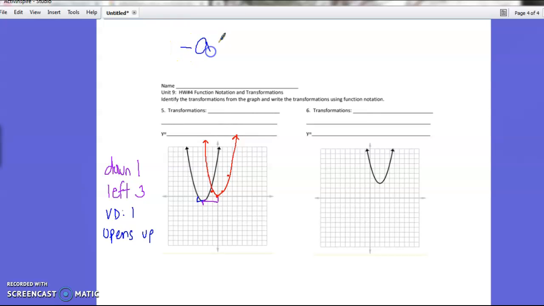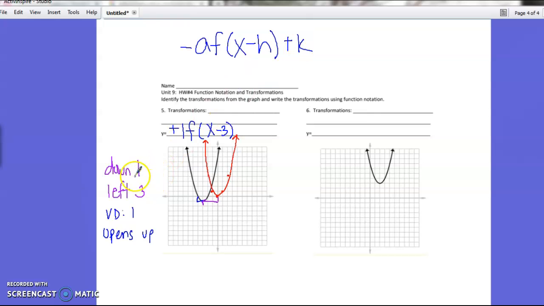I'm going to go ahead and write the format up top here. So my A is going to be positive since it opens up. My vertical dilation is 1, so my A is 1. My H, I'm moving left 3, so that means I need x minus 3 inside.